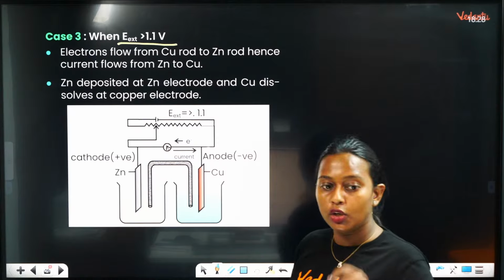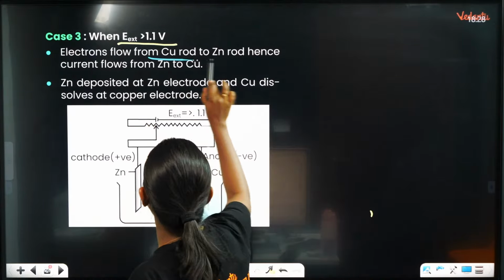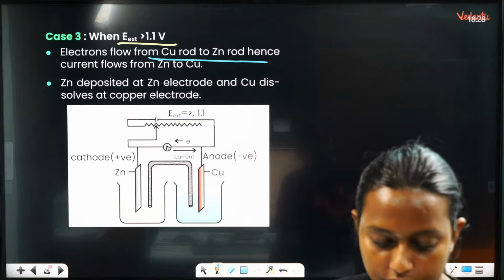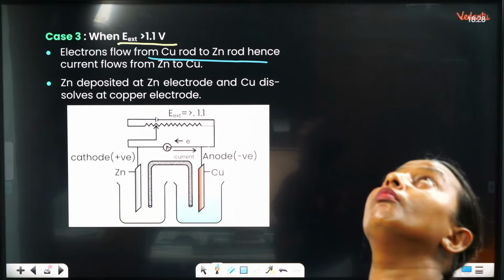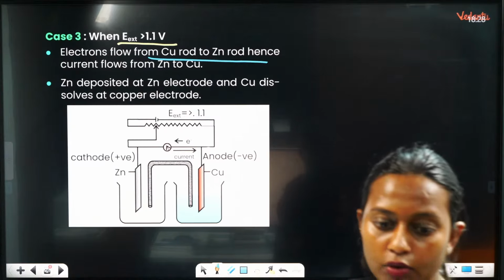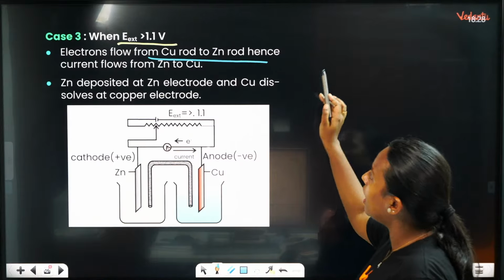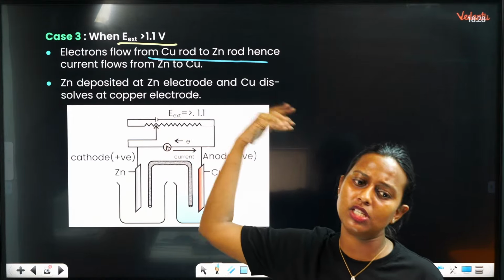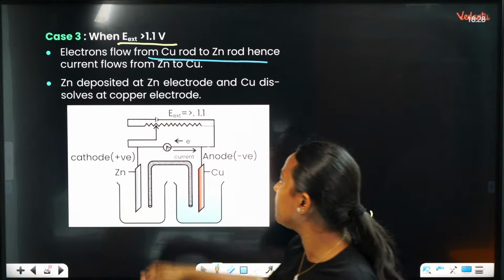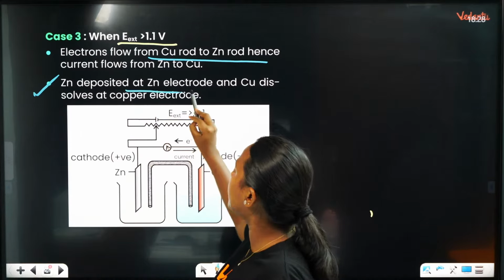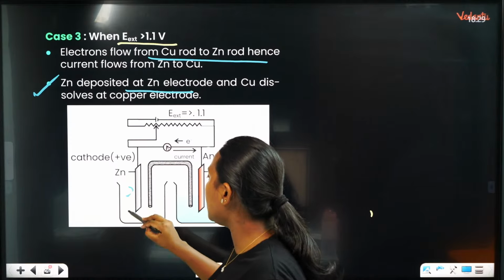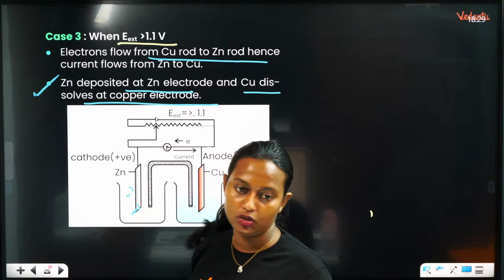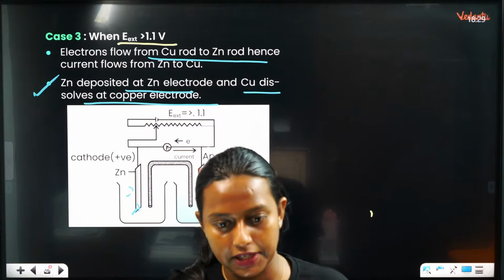You can see electron flows from copper to zinc, and the current flows in the opposite direction. Zinc is deposited at the zinc electrode, and copper dissolves at the copper electrode.